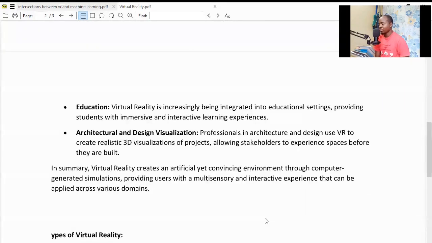Also, virtual reality is used in education, right? So, virtual reality is increasingly being used as a tool in teaching to enhance the understanding of students and also increase the interaction within class, which at the end of the day impacts positively how people are able to understand the information and makes it last long in their brain.